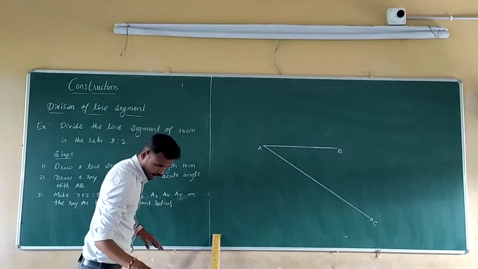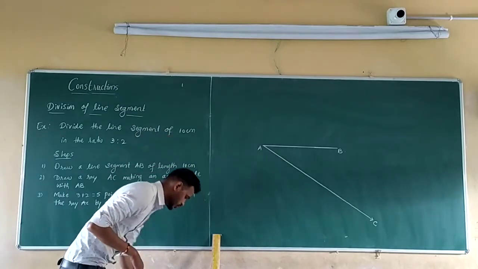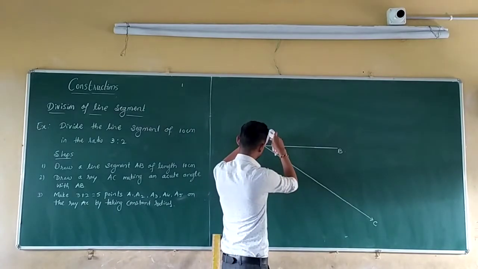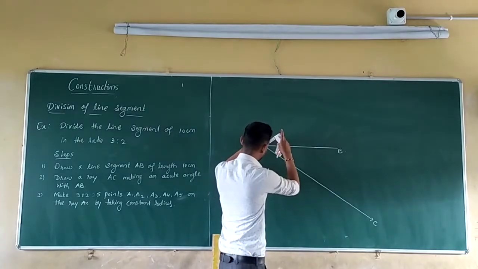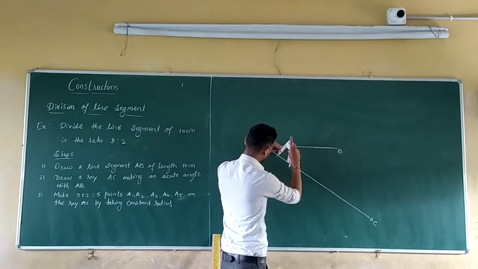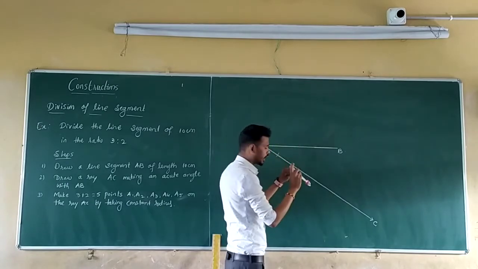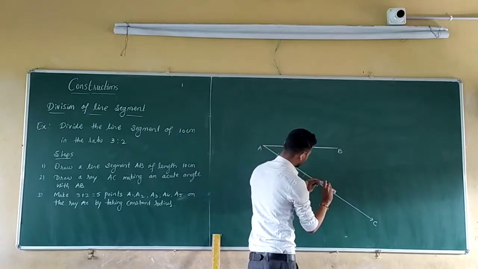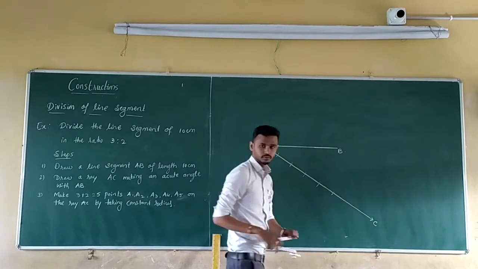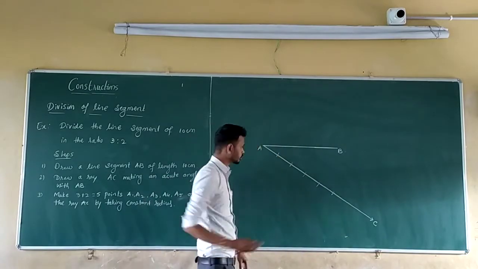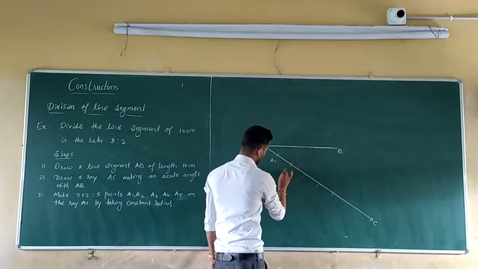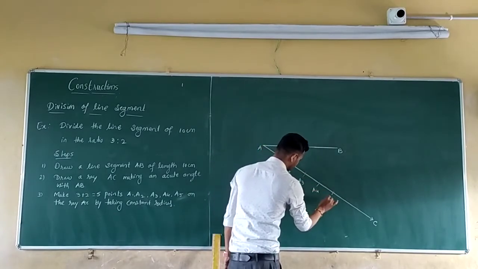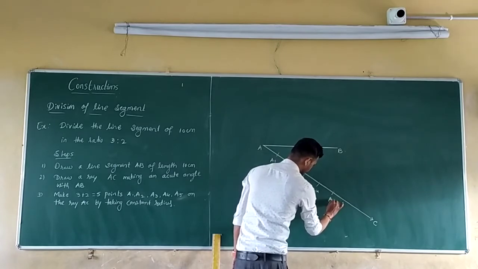So now let us see how to make those. Take some radius and mark the points 1, 2 with constant radius, 3, 4, 5. So these are now A1, A2, A3, A4, A5.